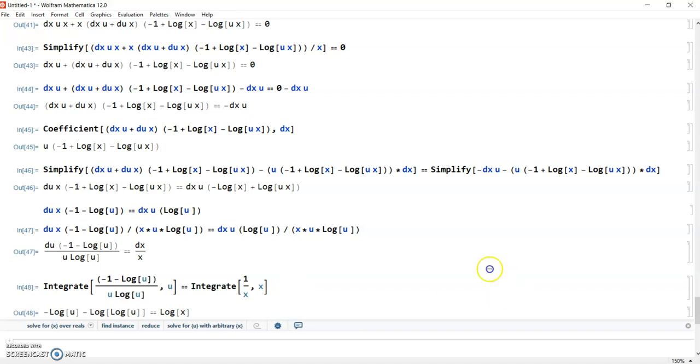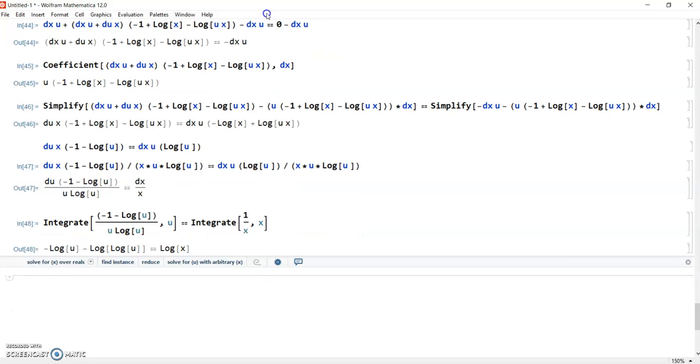So it will be this, minus log u into minus log of u is equal to log of x.